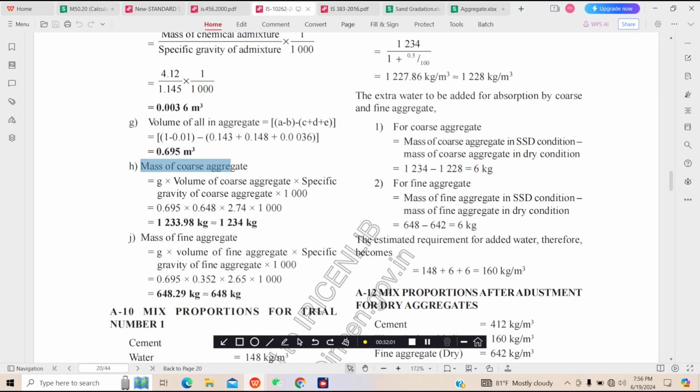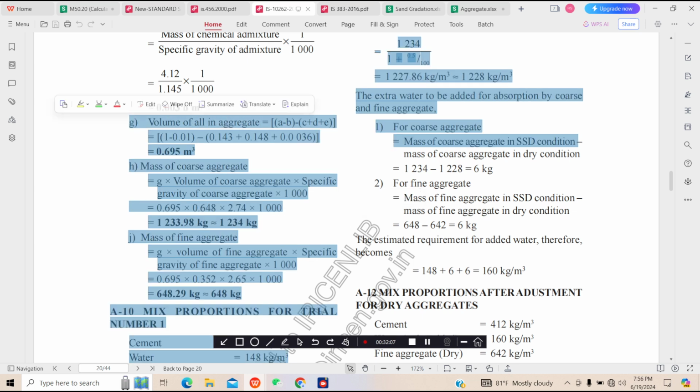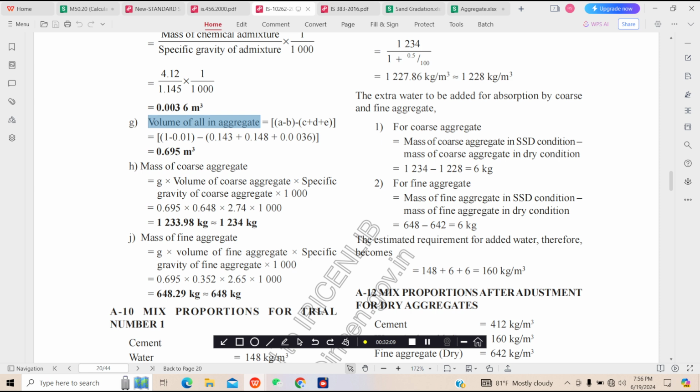Yeah, for this, the mass of coarse aggregate we see is equal to G. What is G? Here we can see G: volume of all-in aggregate into volume of coarse aggregate into specific gravity of coarse aggregate into 1000. From here only we have taken the formula.